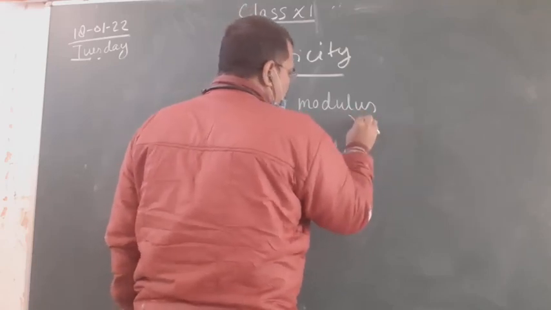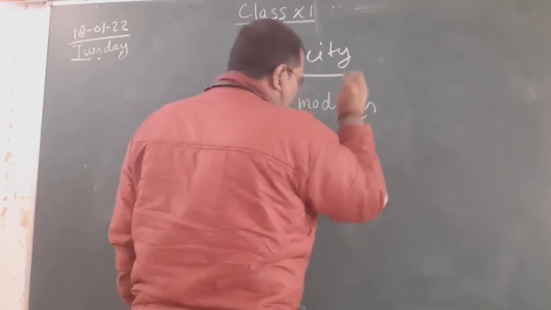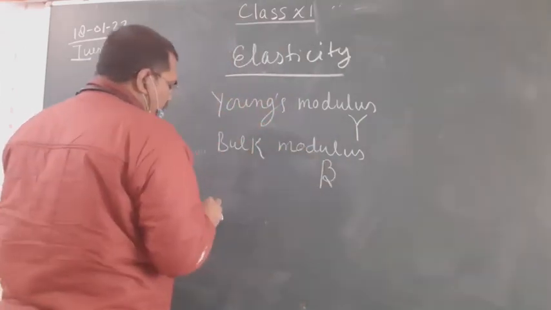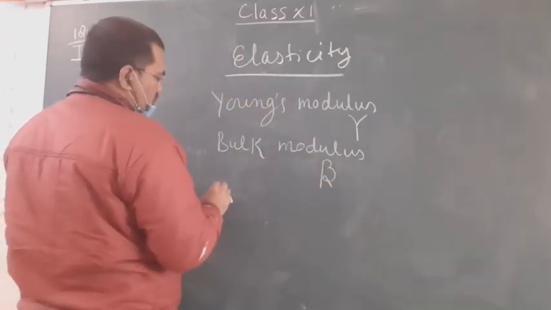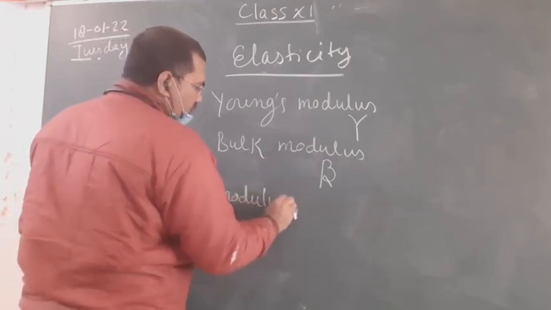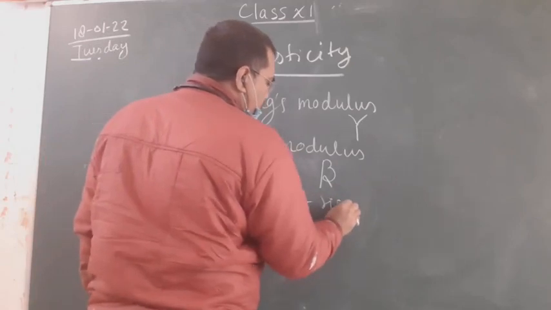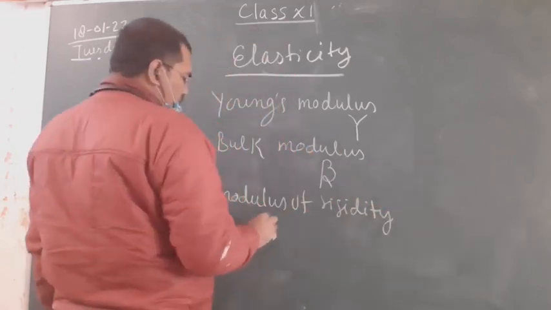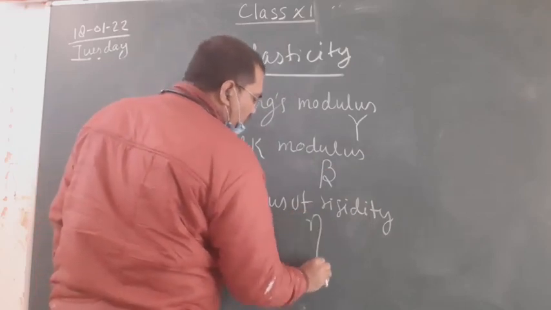Young's modulus is represented by Y. Bulk modulus is represented by beta, and modulus of rigidity is represented by eta. This is a Greek word.